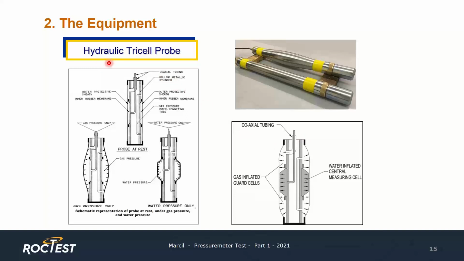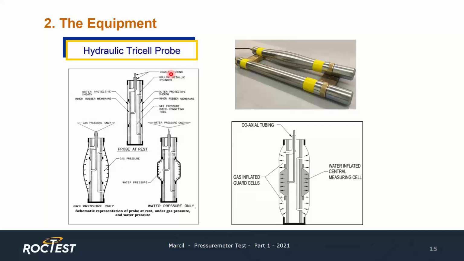The probe is a hydraulic tri-cell probe. It has two sheaths, an outer and an inner one. The inner sheath is inflated with the water circuit. This is in fact a measuring cell that is used for estimating the ground deformation. The outer sheath is inflated with gas.